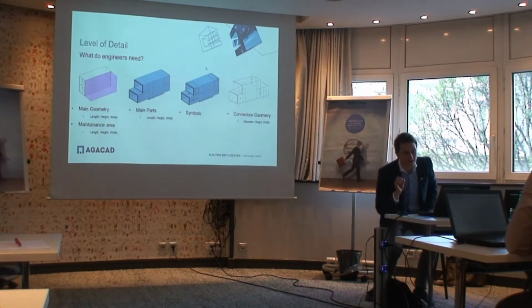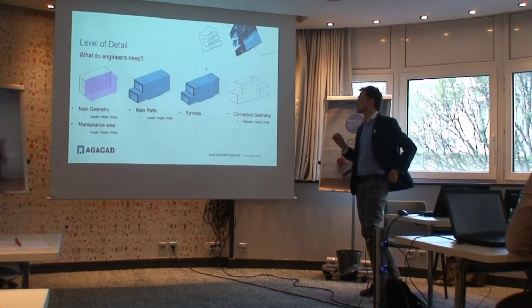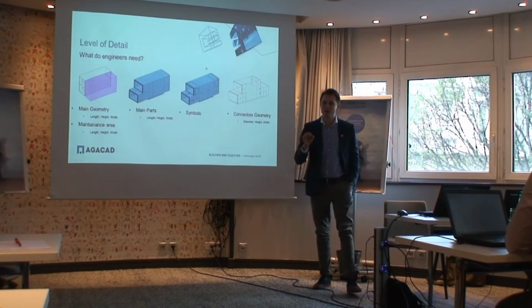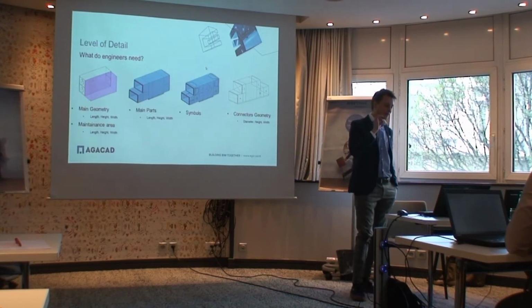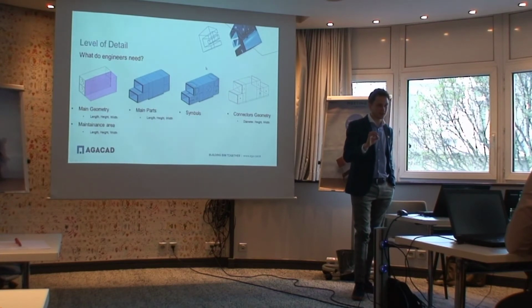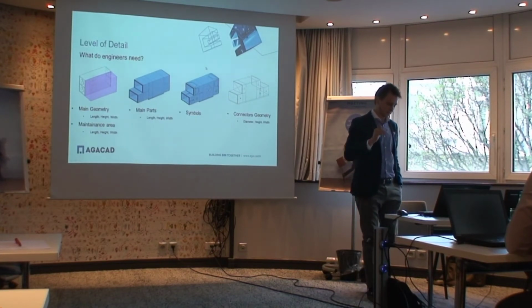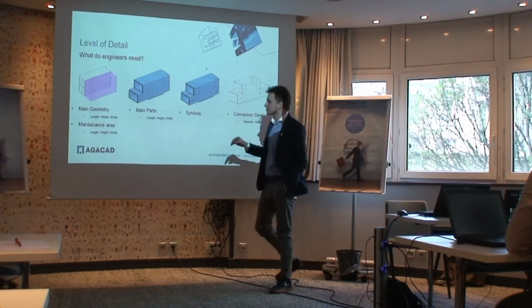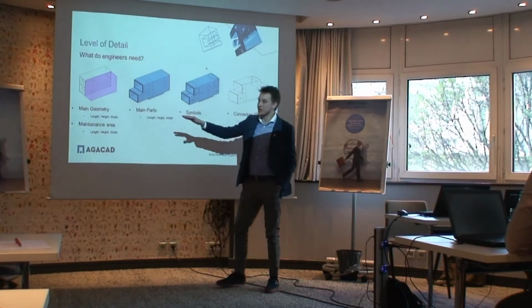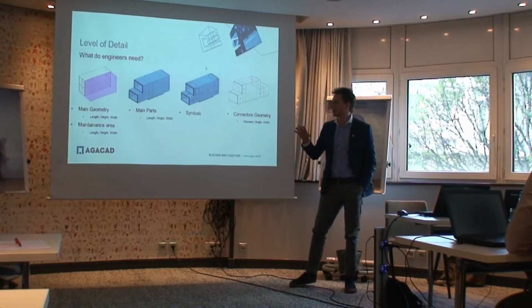So you should understand that we don't need lots from you. We need just the information we need. As I told you, we need just exact things. For example, as the HVAC engineer, I just need the main geometry of the building.